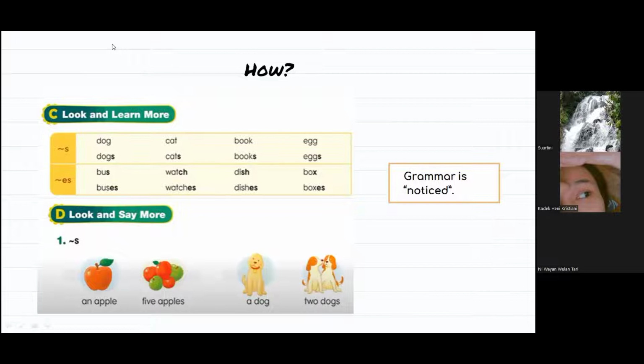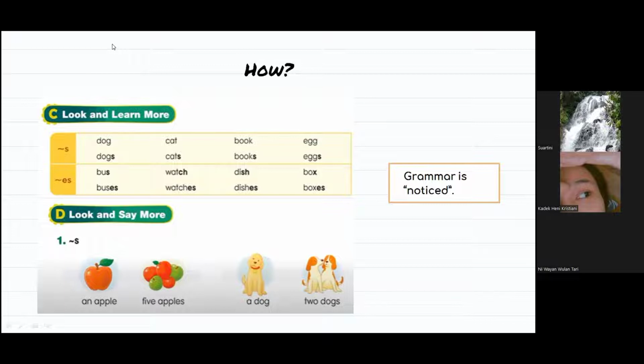Jadi misalkan saya menjelaskan sebuah pulpen, di tangan kanan satu pulpen dan di tangan kiri ada 4 pulpen. Jadi saya menjelaskan seperti ini. Look, I have a pen, and then I have 4 pens, 4 pens.